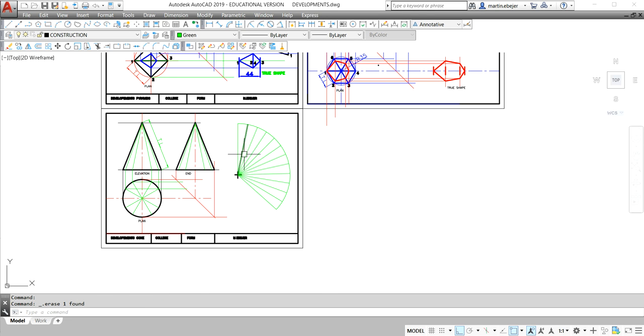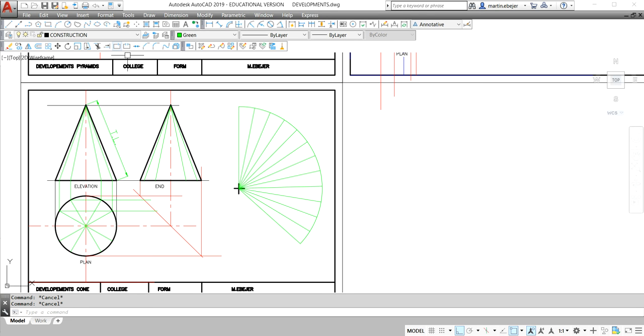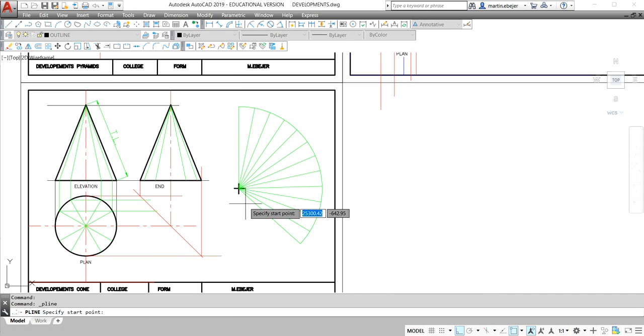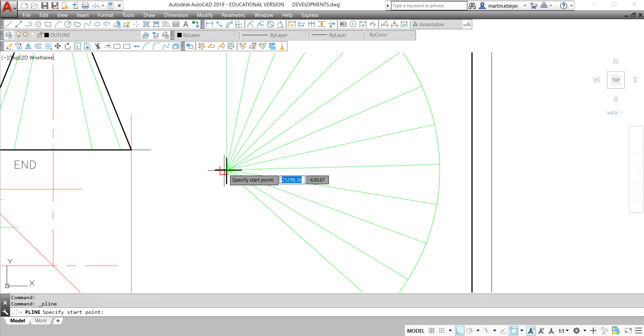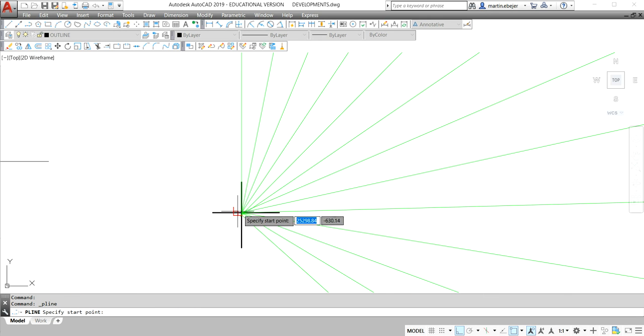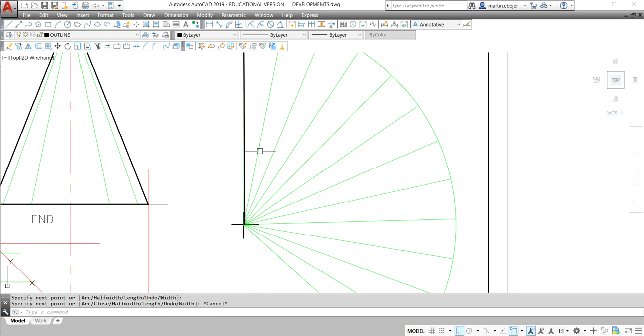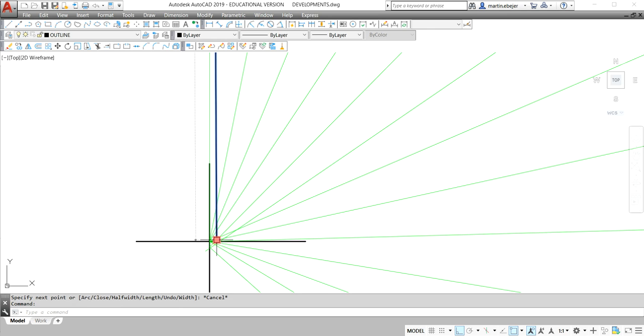So that is done. So for now, we're done with the development. I can outline the complete profile. So that is the basic to design a cone.